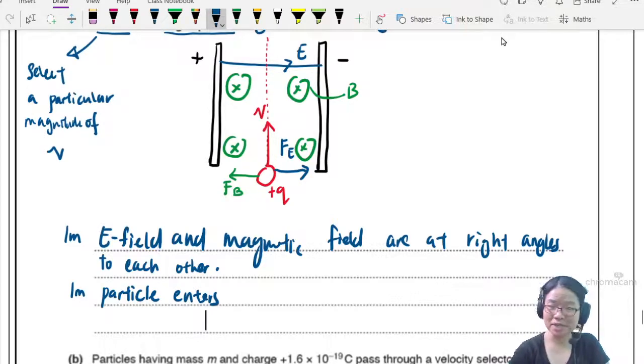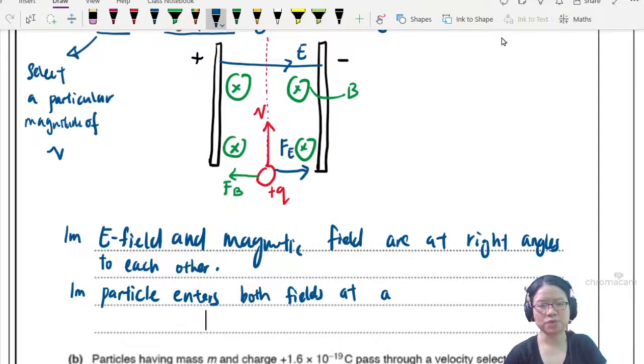All right, so the particle enters both fields at right angles as well.